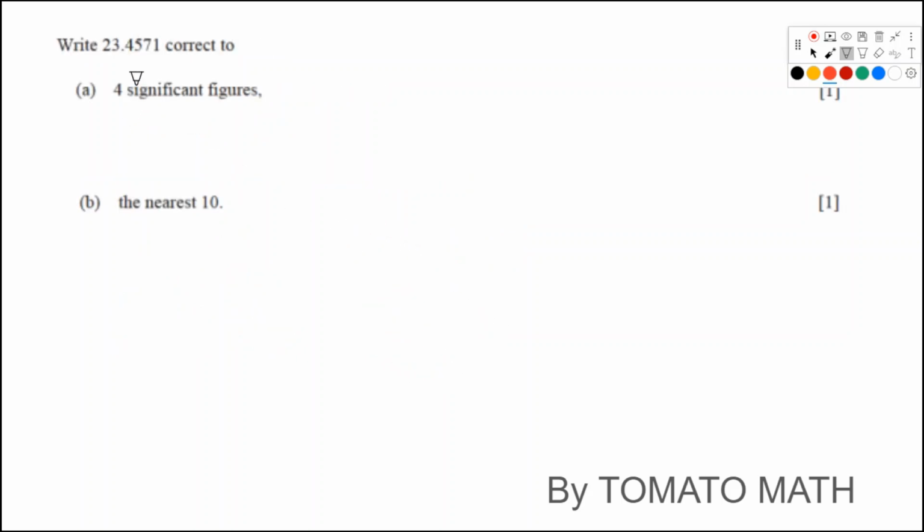Next one, write 23.4571 correct to 4 significant figures. Okay, now we know that significant figures means we will consider all of the numbers. 4 significant figures, so 4 numbers. This is the first one, second, third, and fourth.